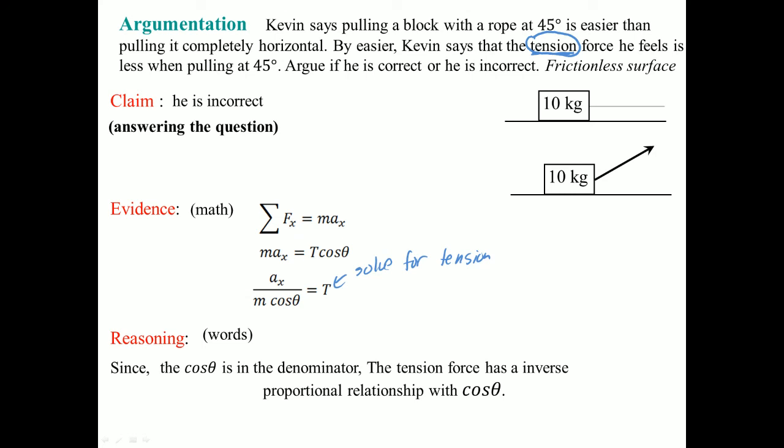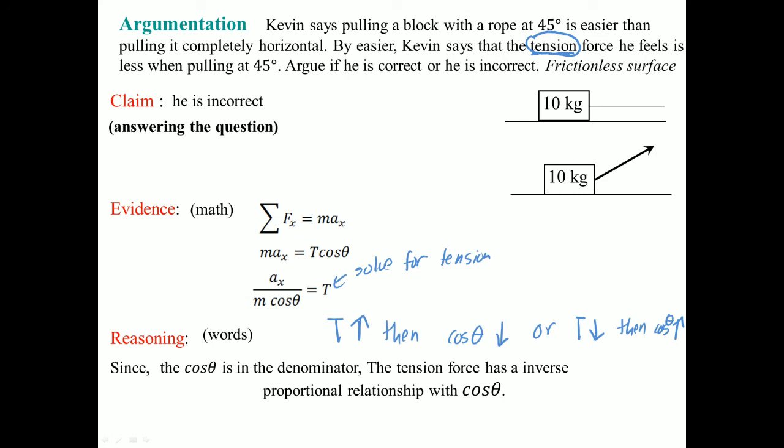That means if tension goes up, then cosine theta goes down. Or if T goes down, then cosine theta goes up.